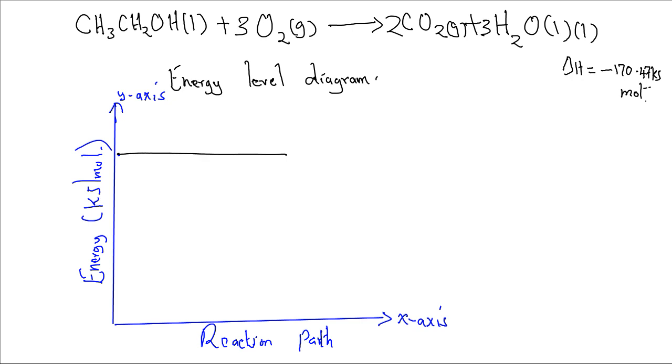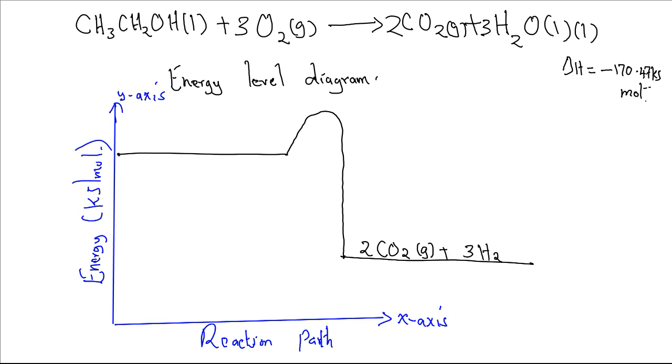Then there is activation energy involved for that. Then we have the products. So the products are carbon dioxide gaseous plus water. The delta H for that is negative 170.47 kilojoule per mole.